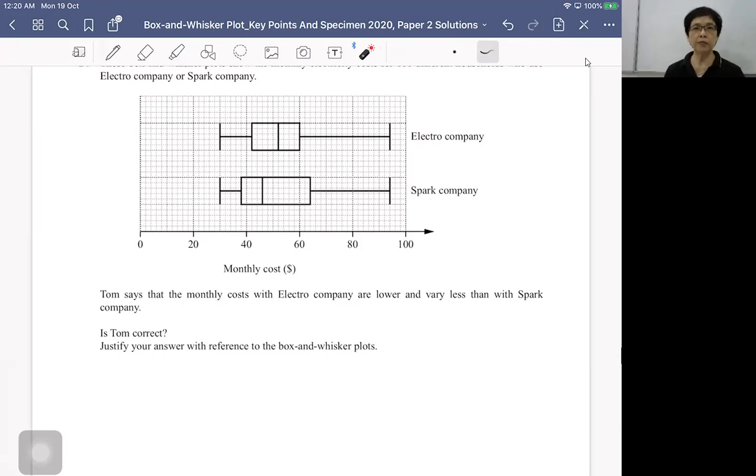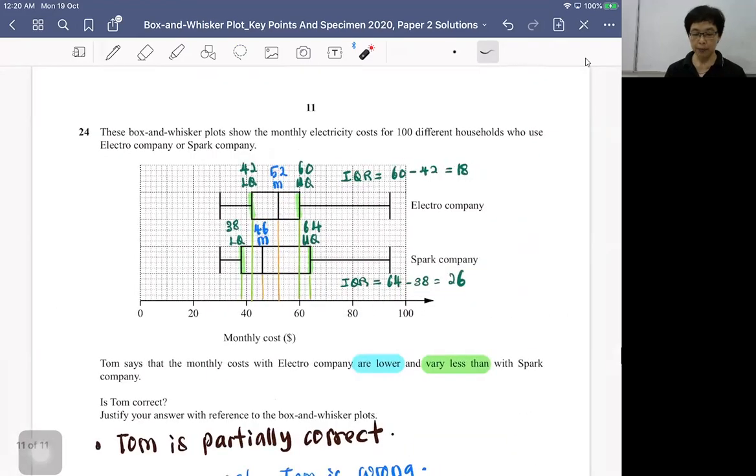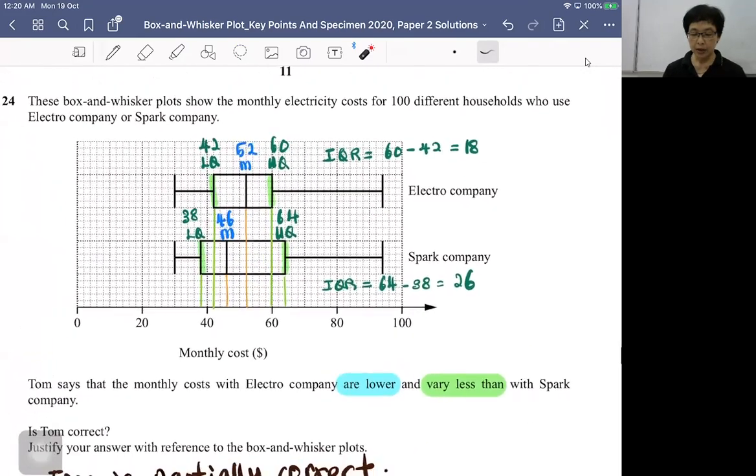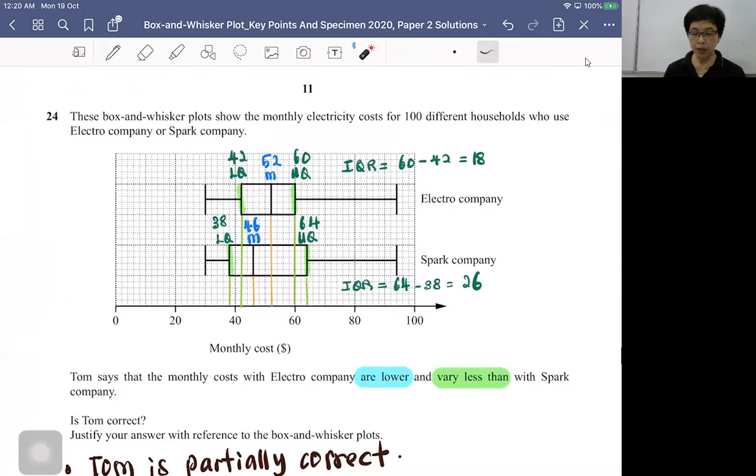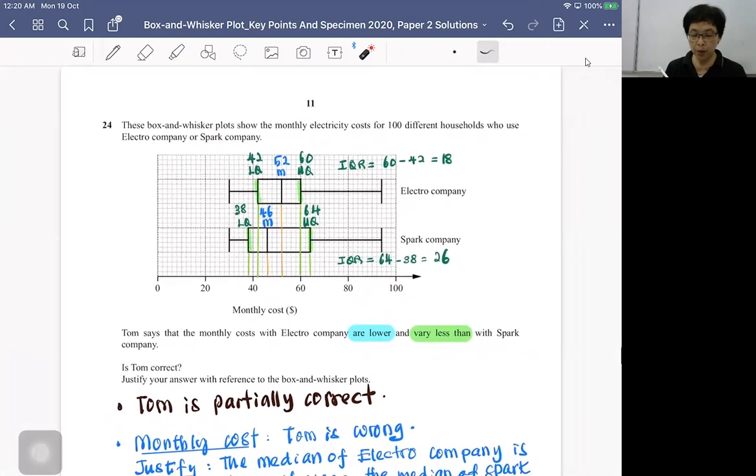Well, you're going to verify that. Is Tom correct? And the question stated, justify your answer with reference to the box and whisker plot. Let's go and take a look. Okay, I started plotting, not plotting, but plotting in some of the key features.